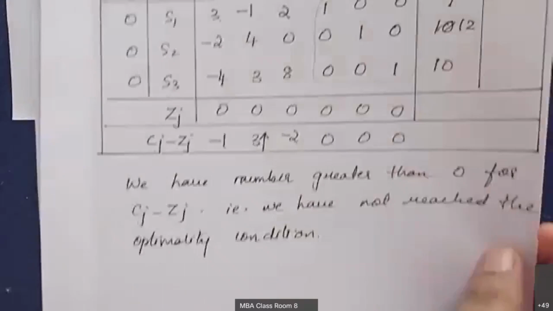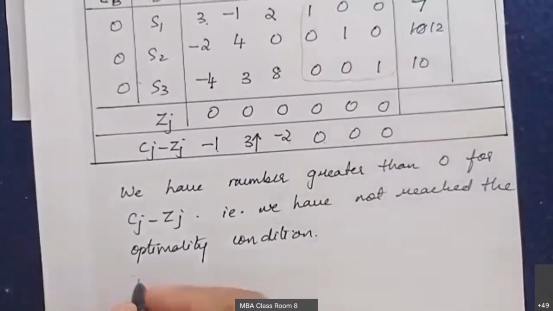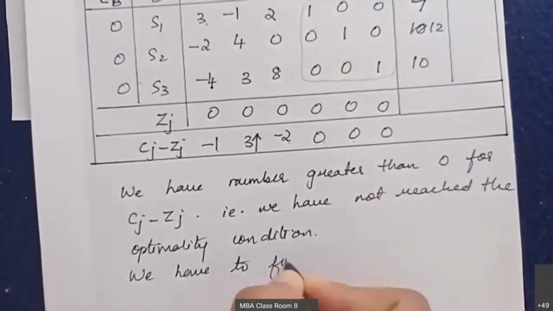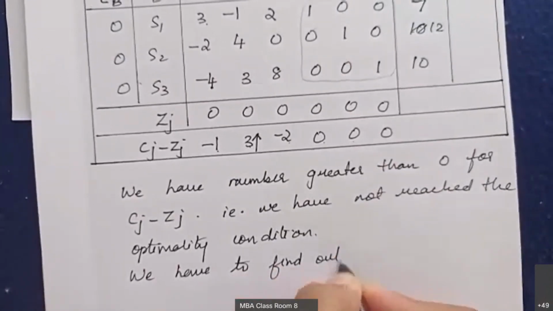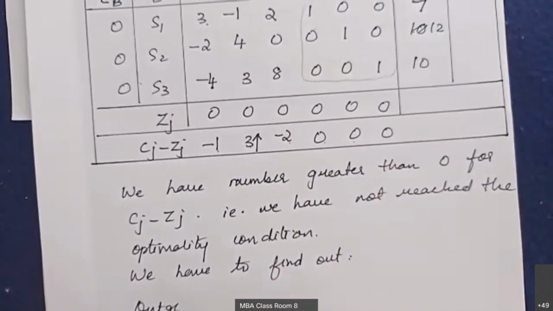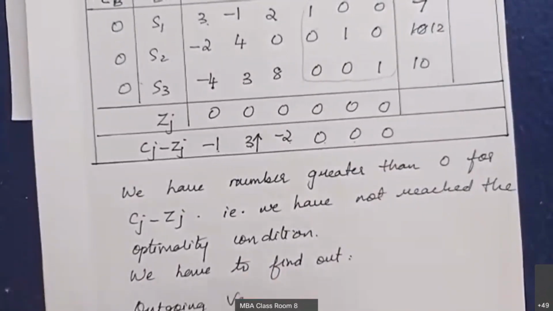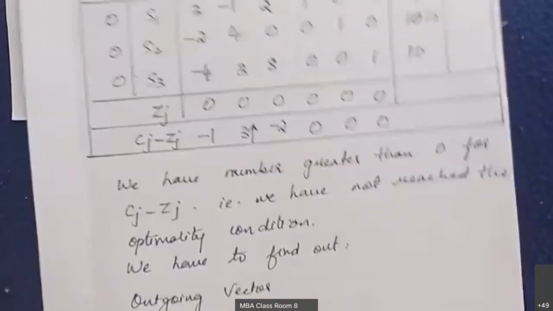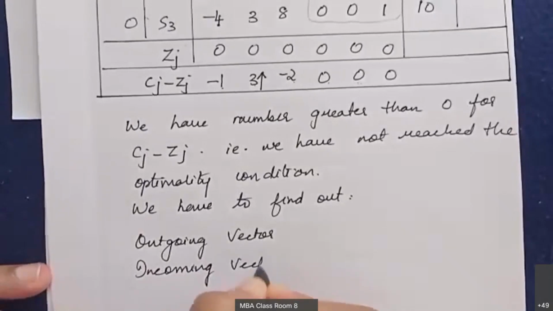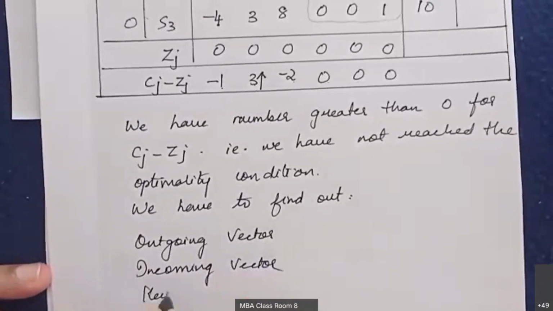For that, what should we do? We have to find out the outgoing vector. We have to find out the incoming vector. And the key element.